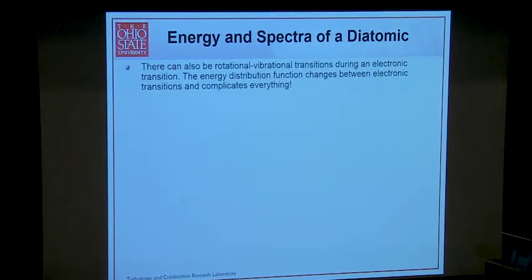Now, that was for a given electronic transition. There can also be rovibrational transitions during an electronic transition, moving from one state to the other. And the energy distribution function changes everything. It complicates everything. This is not nearly as nice as the pure rovibrational spectra that we just looked at.